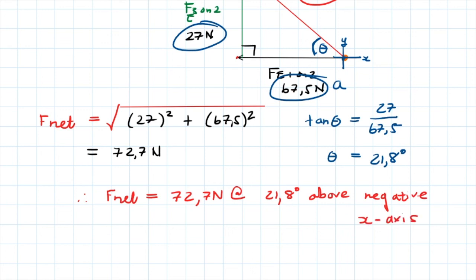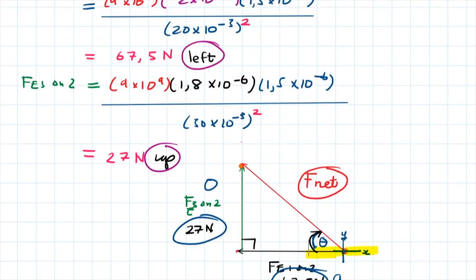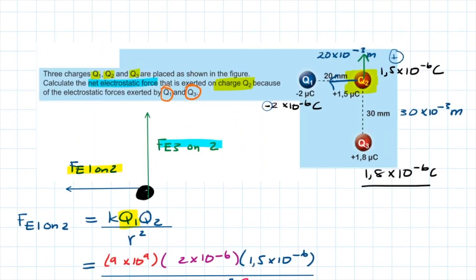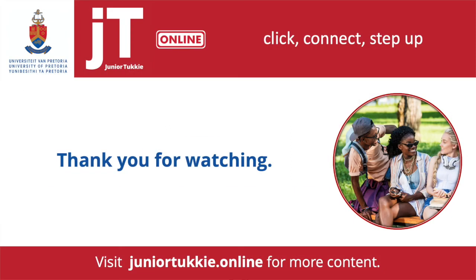Because on this side over here, we have the negative x-axis. Here's positive, there's negative. And this theta is measured above the negative x-axis. This is the answer to this question, which required us to calculate the net electrostatic force. And we are therefore done with this example.